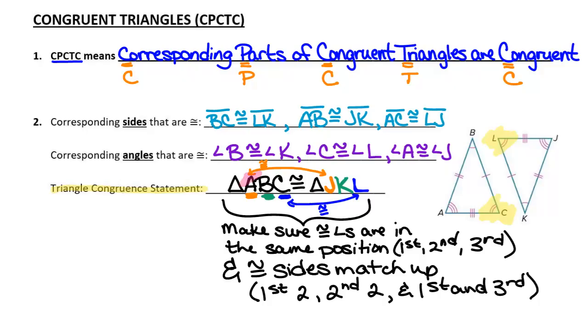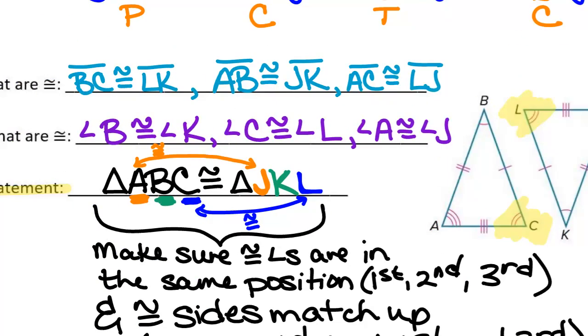I already pointed out how side AB was congruent to side JK. That's the first two letters. First two letters. Those are corresponding congruent sides. Second two, that would be BC and KL. All right, here is BC and KL. Those are corresponding congruent sides right here.